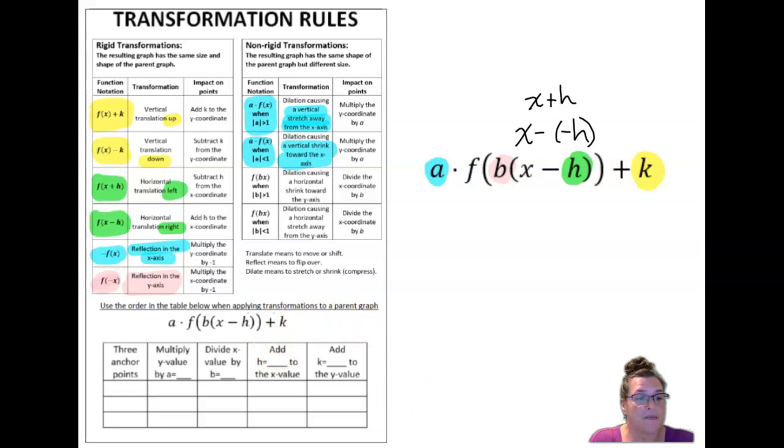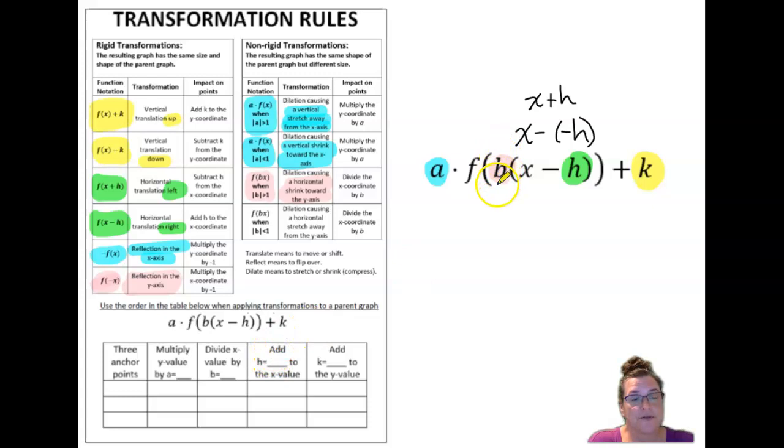The b behaves in a similar fashion where we're not concerned about whether it's negative, we only care about its magnitude and absolute value. So if the b, which is the coefficient on the x, if that b in absolute value is greater than 1, then that's going to cause a horizontal shrink toward the y-axis.